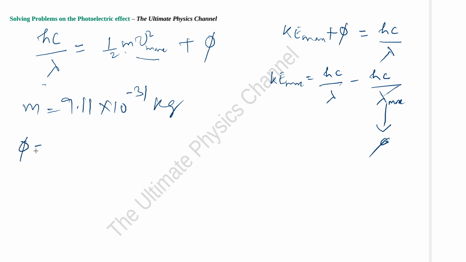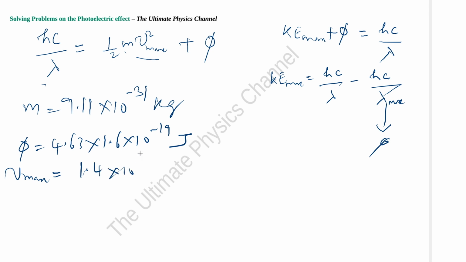So phi is equal to 4.63 times 1.6 into 10 power minus 19. Then we can plug in directly these numbers because V max is provided to us in the question. V max is given as 1.4 into 10 power 6. That is the maximum velocity of electrons in this experiment. So plug in these numbers here on the right hand side.